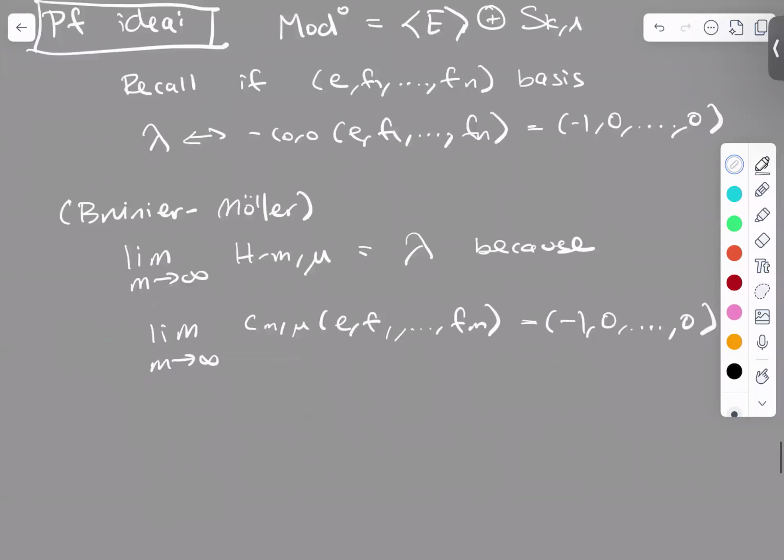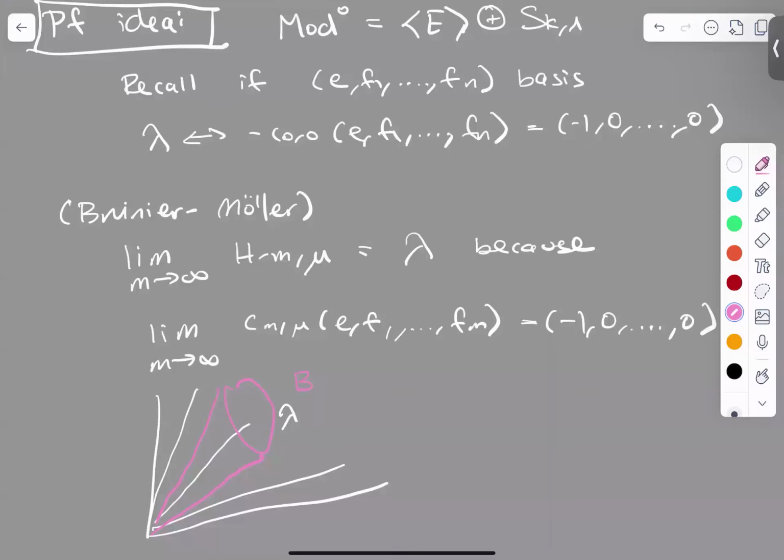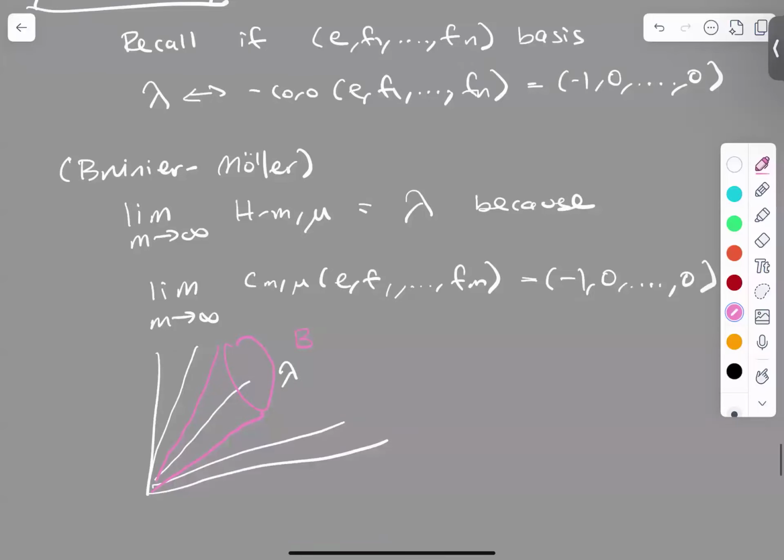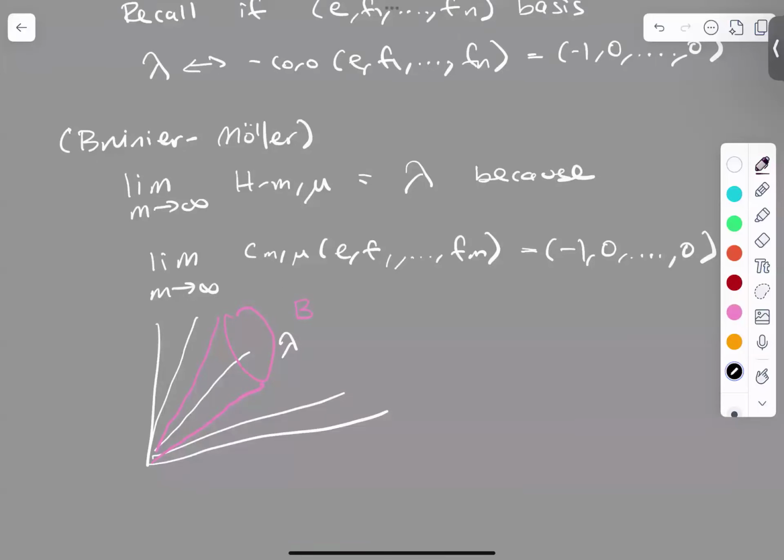And so what this says is that if I'm thinking about listing out all these Heegner divisors, if this is lambda, then after a certain point, all of these Heegner divisors are accumulating inside of some ball B around lambda. And so to compute these cones, we need to make this ball B explicit.